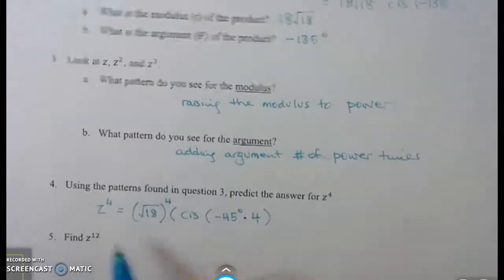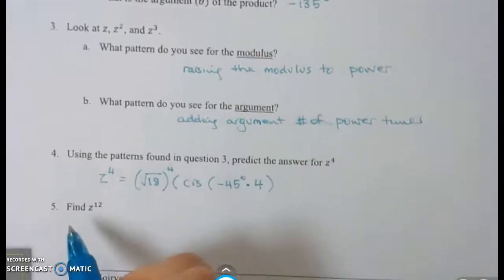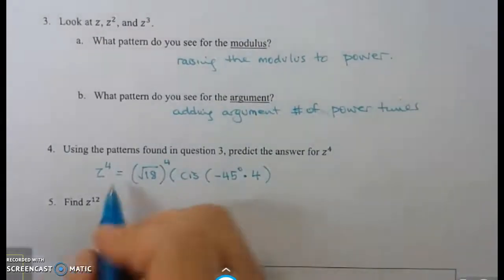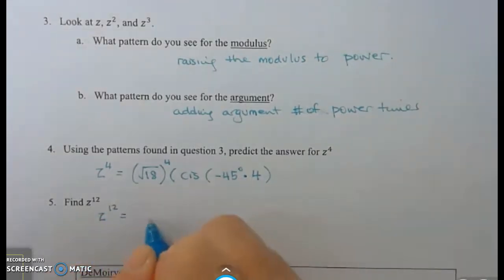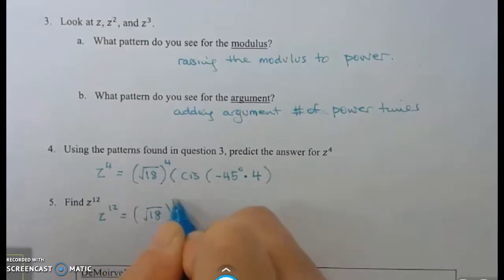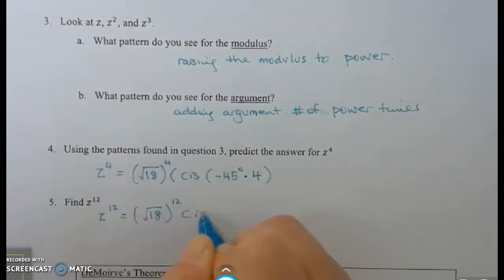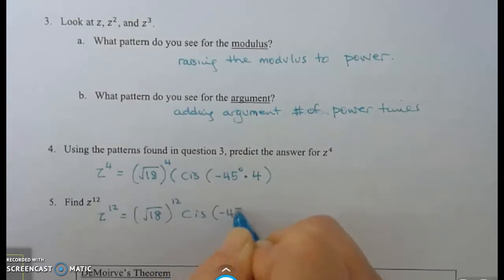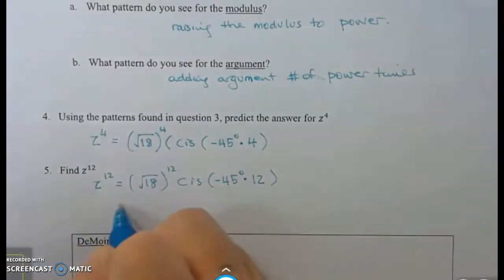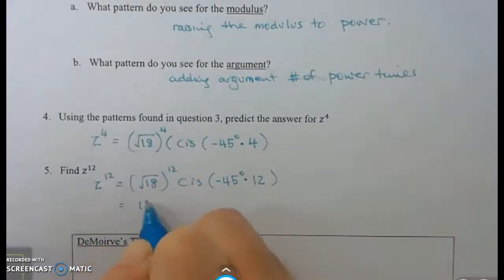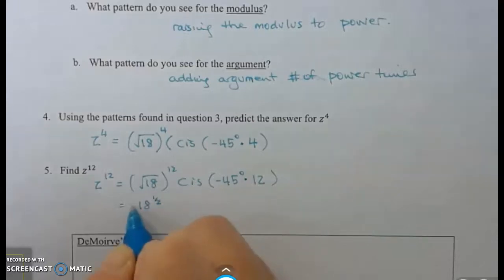Okay, so then in that case, if I was to find z to the power of 12 for my example, it's going to be square root of 18 to the power of 12, and cis negative 45 degrees multiplied by 12. And this is the same as 18 to the power of half. Square root is the same as raising to the power of half.